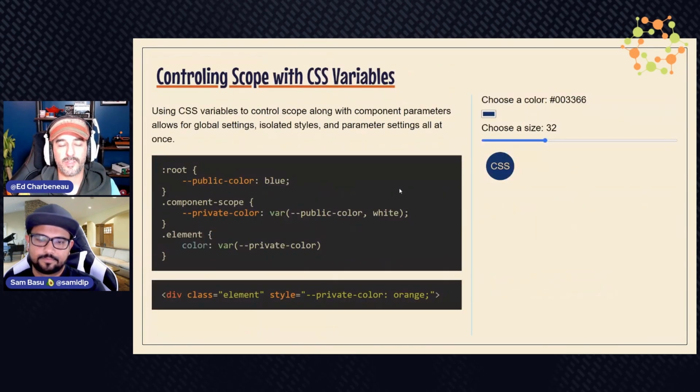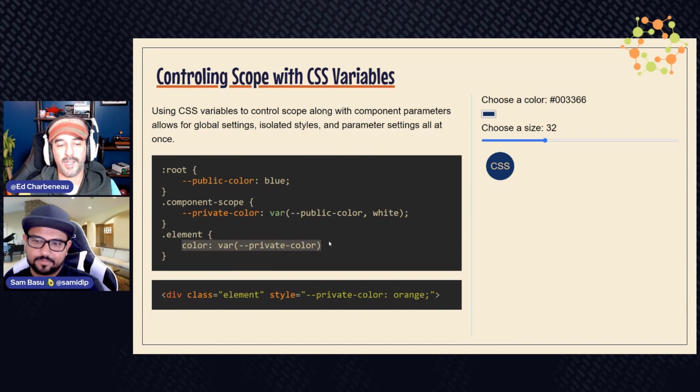So there's some CSS isolation being used here, but it's got this escape hatch where it says, all right, I'm going to expose a parameter that injects a value into an inline style. So this would be your variable here where it says orange, where this private color is actually overriding. It'll override the root. It'll override the component scope.